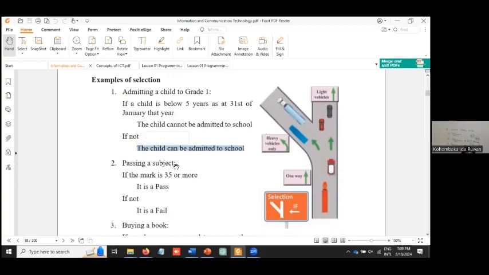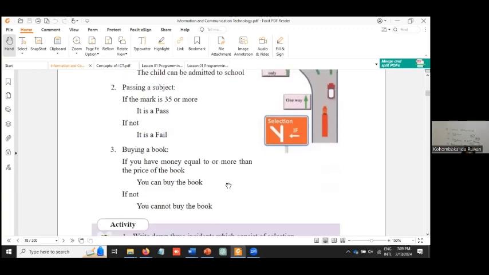Next one, passing a subject. If the mark is 35 or more, then it is a pass. If not, we can say it is a fail. Another one, buying a book. If you have money equal to or more than the price of the book, then you can buy the book.